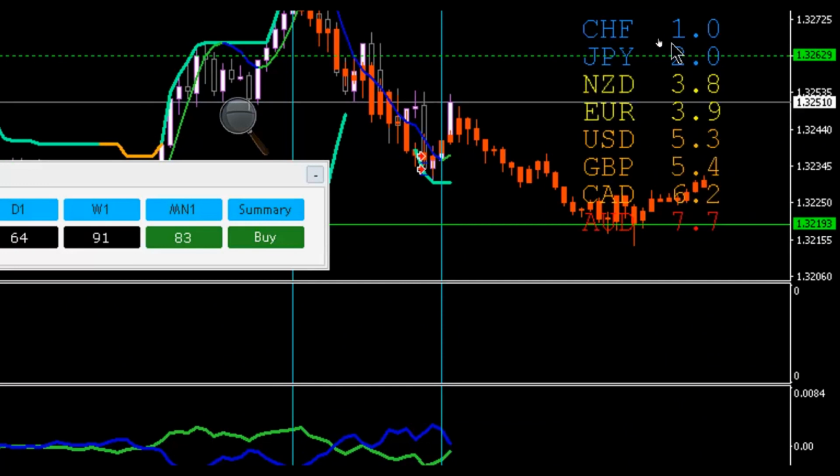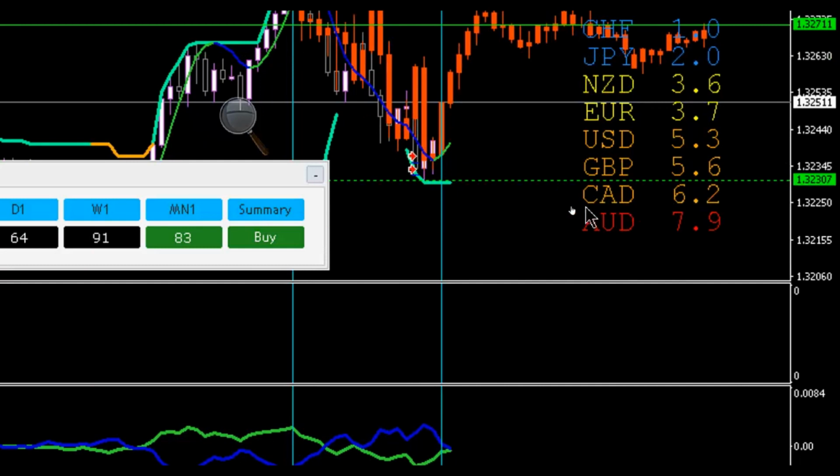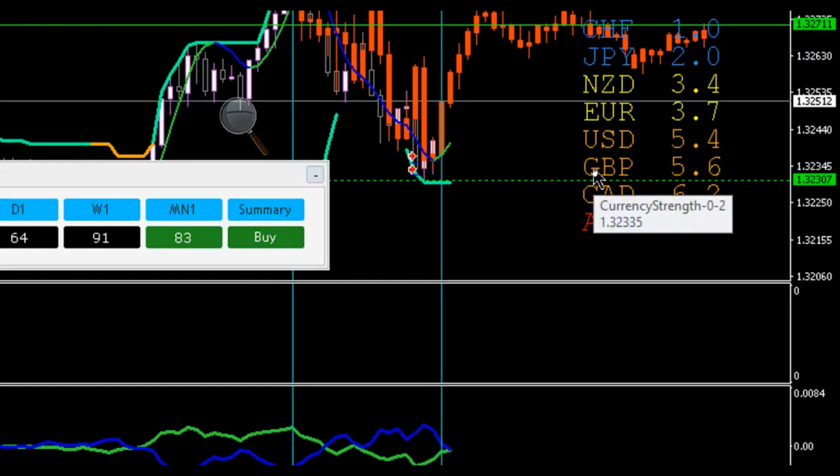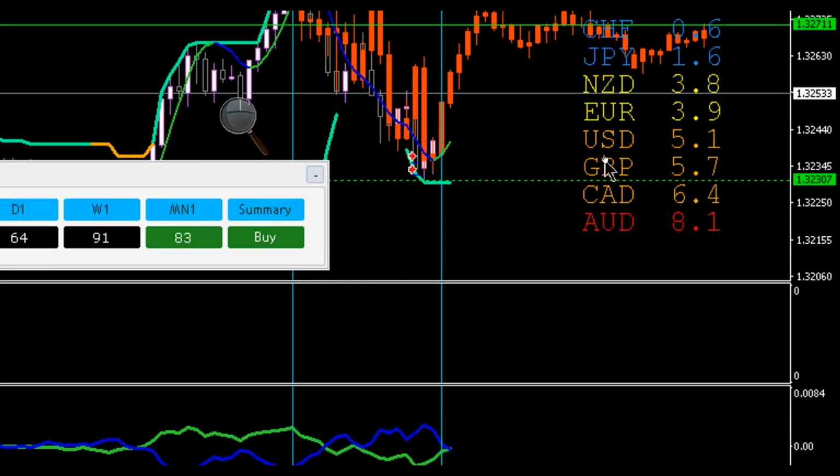This is just a scale of the currency, not actually its value. It's its scale based on 0 to 10. So now USD is 5.4 and the GBP is 5.6. So the British pound has gained in terms of value, and the US dollar has decreased.